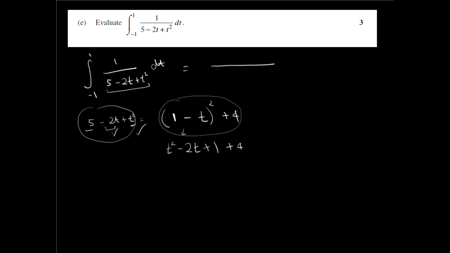So I can rewrite this in terms of 4 plus 1 minus t in brackets squared.